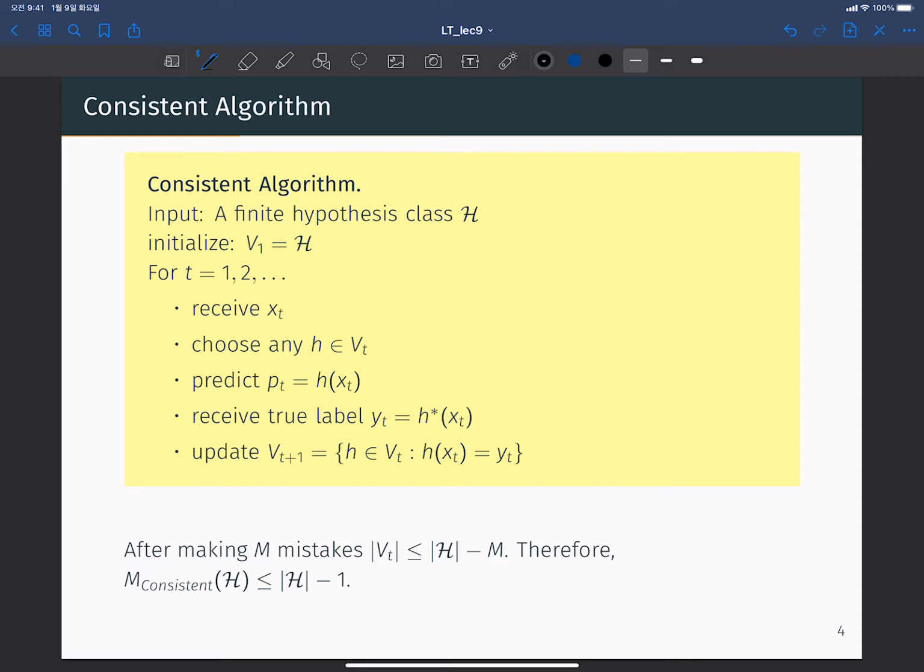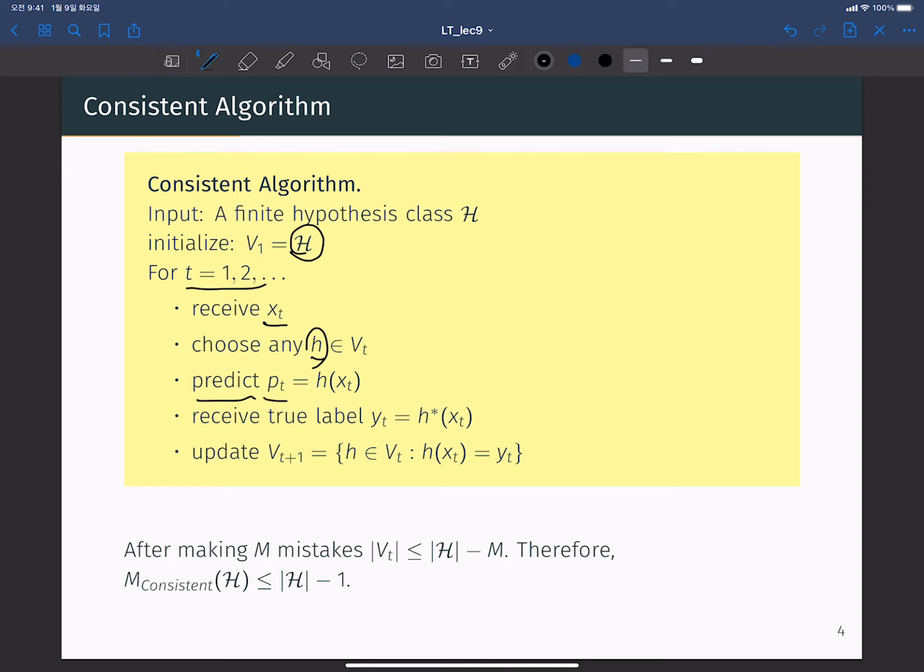Initially we can keep the whole hypothesis class, and for each iteration the learner receives an instance and chooses any hypothesis h among the hypothesis class at time t, and then makes a prediction using the hypothesis h.